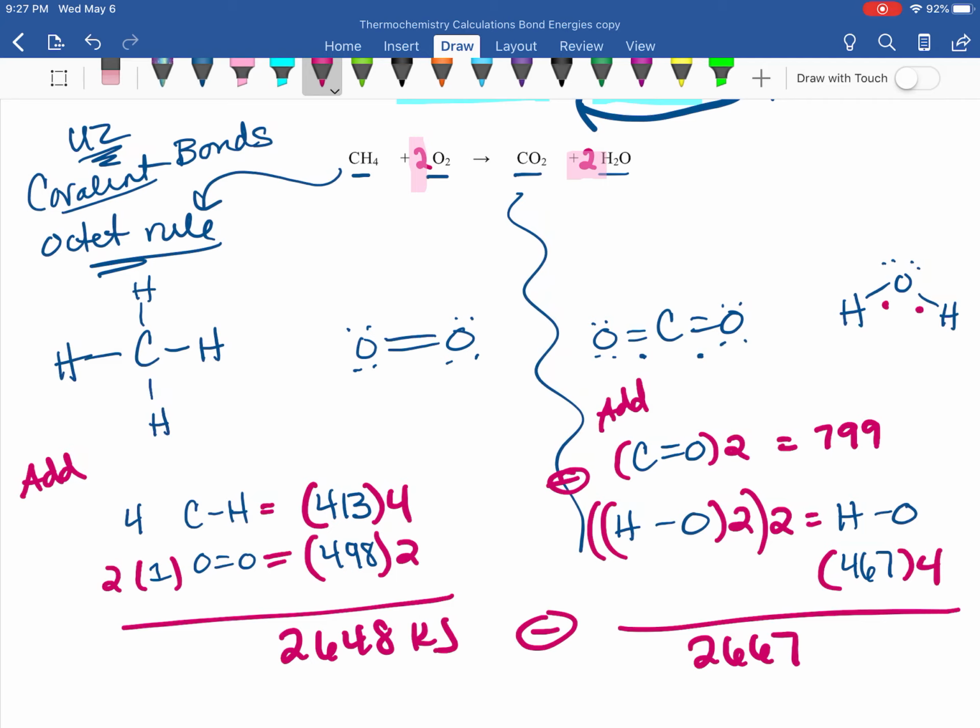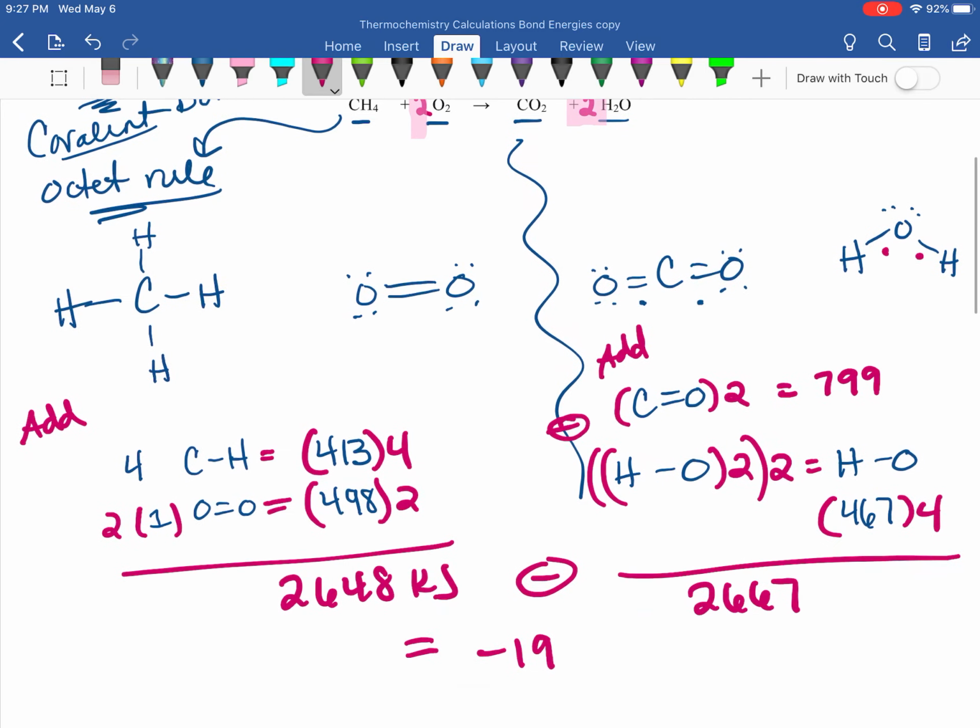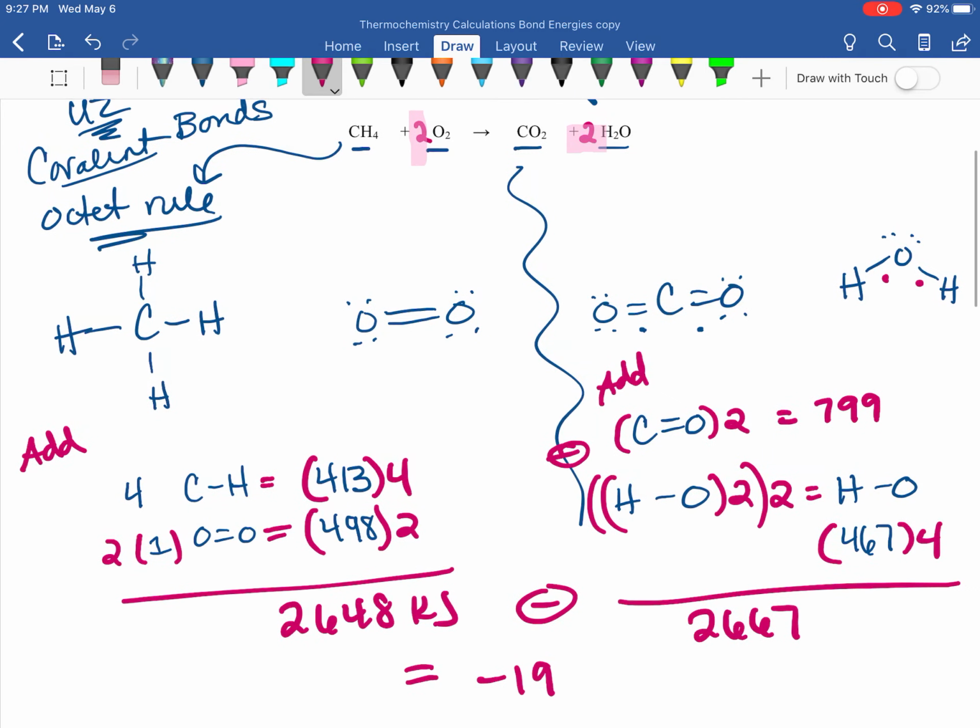All right, so now that's huge. Hang on. Yep. All right, 2667. So then if we are going to subtract these, let's see what we get. And then we better double check our math because it should be very similar to our first. Okay, I am getting a negative 19, but we know it should be more than that.